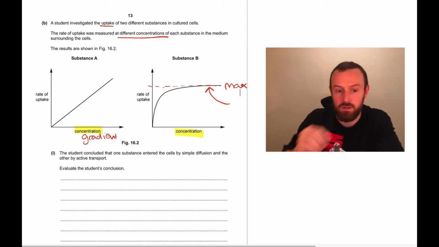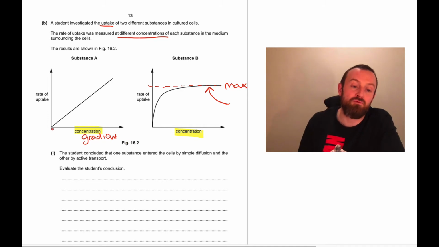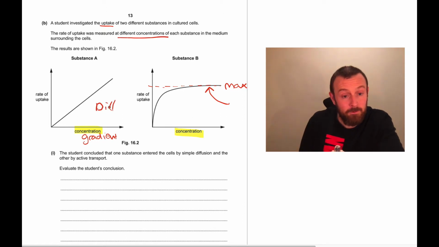That is really important. So in this one, the rate of uptake keeps increasing as the concentration increases. This screams out passive diffusion, okay? Whereas in this one, even if you keep adding more substance, it can't take in any more.